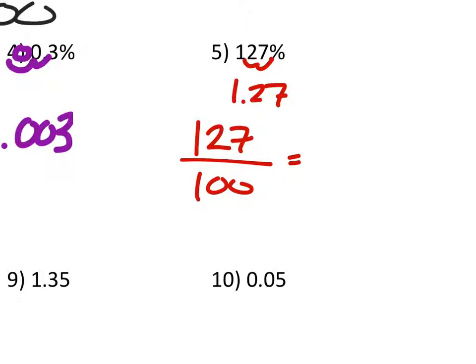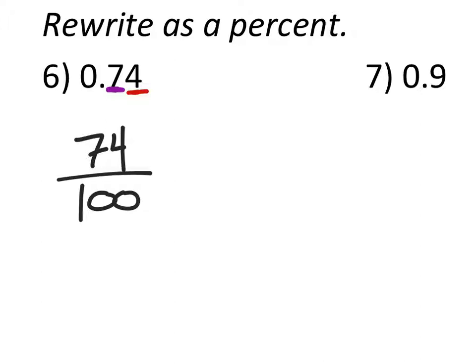Either way. So when we write these decimals as a percent, really what we want to focus on is the place value of the hundredths position. The 7 here is in the tenths position. The 4 is in the hundredths position. So we're just going to write this as though the 4 were the ones place, making this a 74, because we have 74 hundredths, and we could write this as a fraction like this.